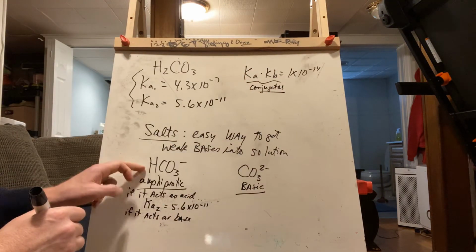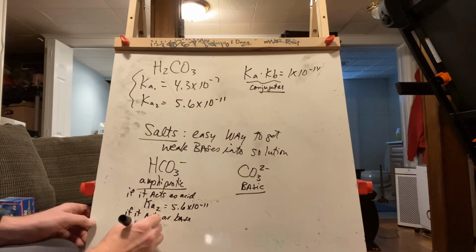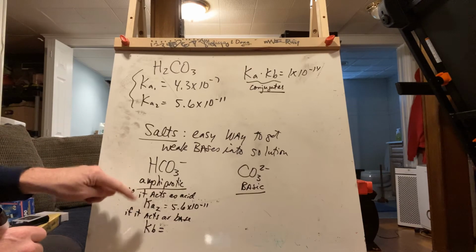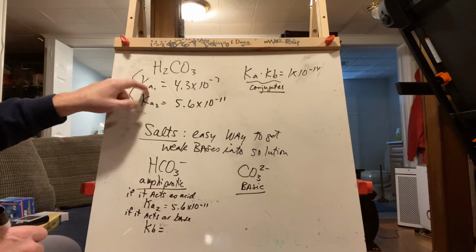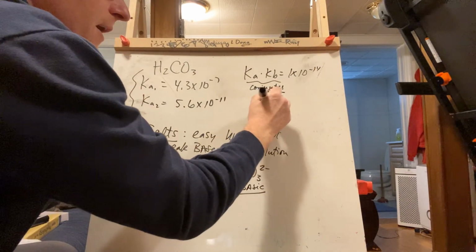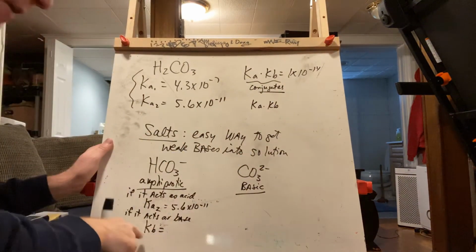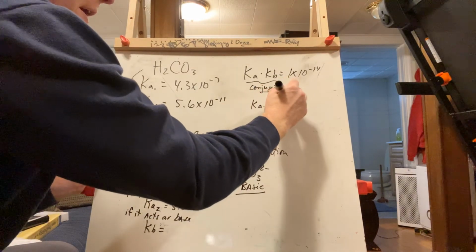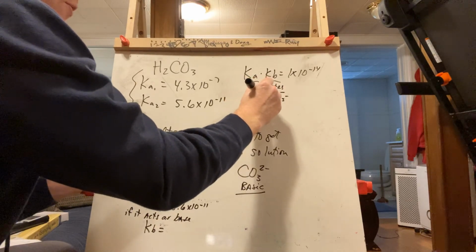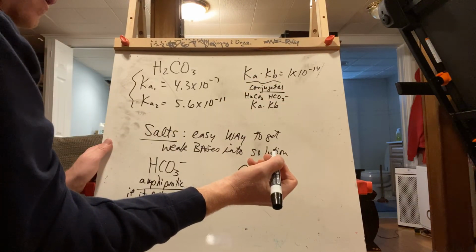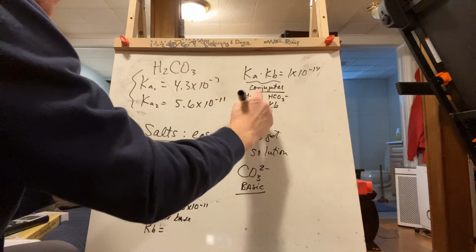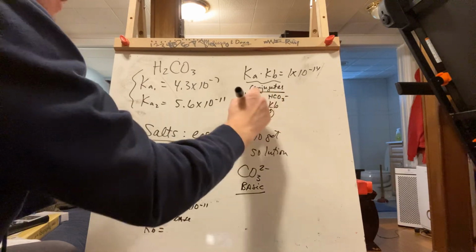So if HCO3 minus is going to act as a base and I wanted to calculate its Kb, I would have to use the Ka of its conjugate. The way I usually do this is Ka times Kb. If I'm looking for the Kb of HCO3 minus, I have to know the Ka of H2CO3. My Ka of H2CO3 is 4.3 times 10 to the negative 7th.